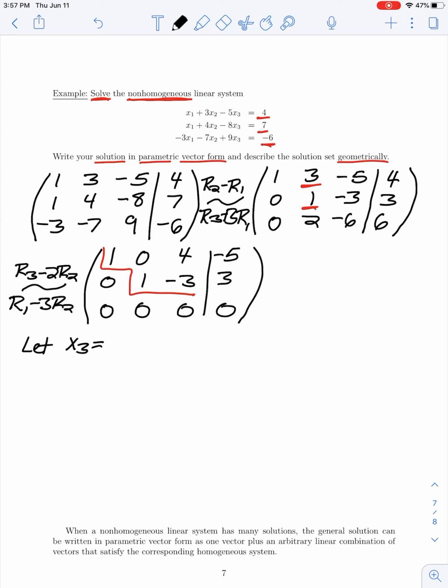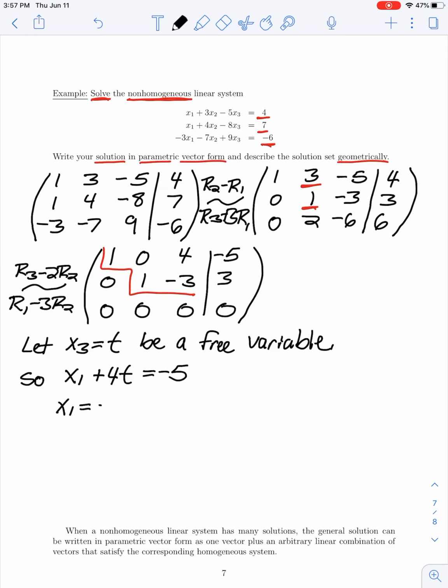And let's denote our choice for x3 maybe as t. So here, x3 equals t will be a free variable. And using our first equation, we see that 1x1 plus 4 times x3, or 4t, has to equal negative 5. So x1 is equal to negative 5 minus 4t.